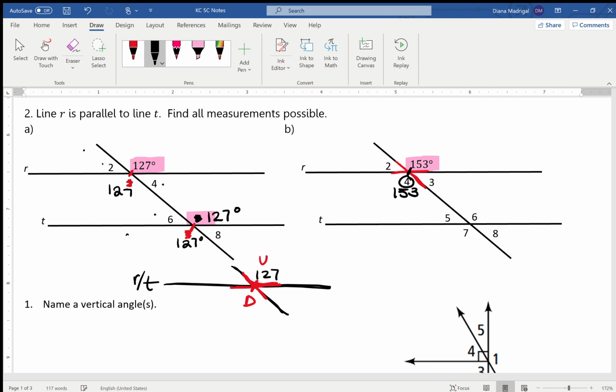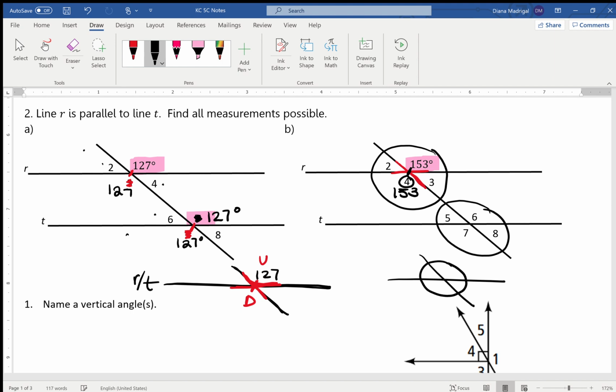All right, now let's match by using corresponding angles. That means we're matching this circle with this circle, and again, the lines are the same. Based on corresponding angles, which ones have the matching corners?